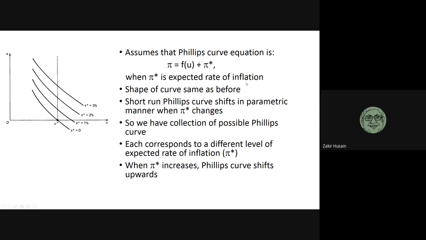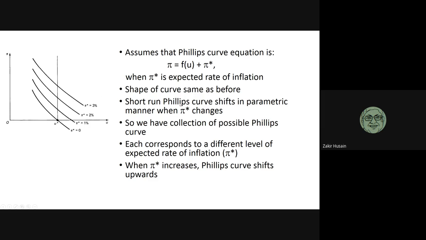If your expected rate of inflation is constant, you have only one Phillips curve. But if you assume that it varies, it's not static, it changes over time, then depending on what the value of pi star is, if pi star is 0, you have this Phillips curve, if pi star is 1, you have this Phillips curve. So you have a series of Phillips curves.